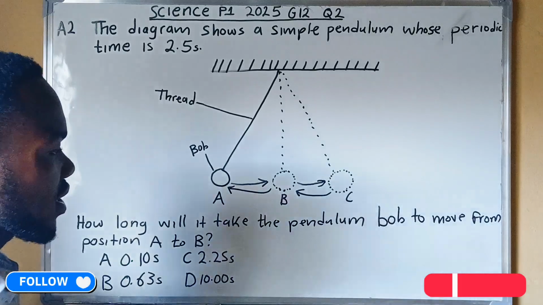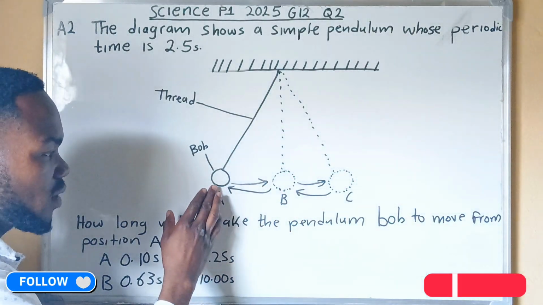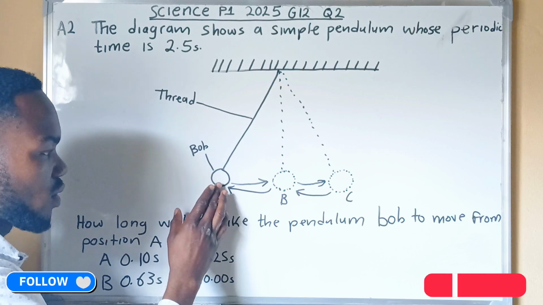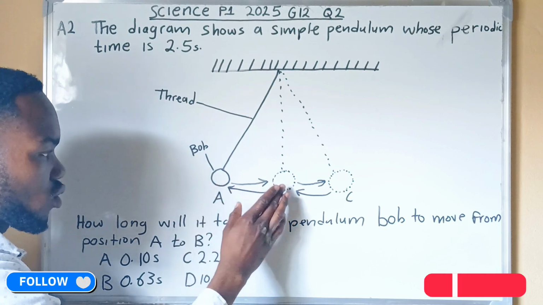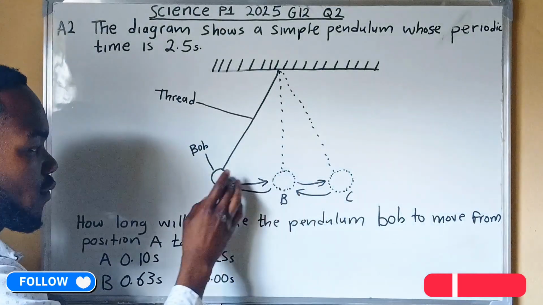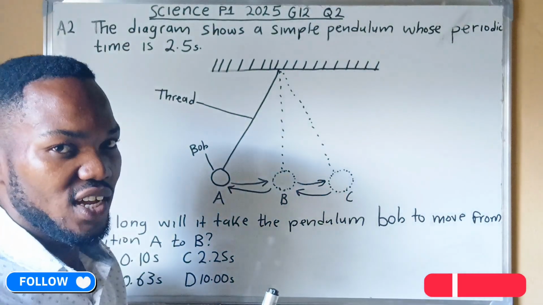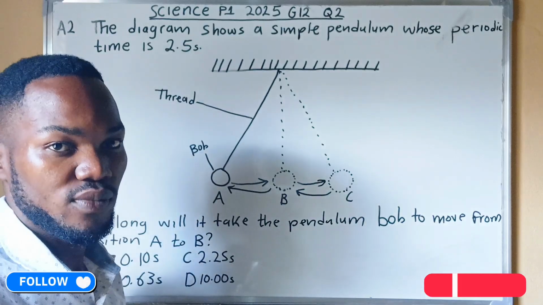So what you need to understand is that this pendulum always moves like this: when it moves from here to here, that's one step, 2 step, 3 step, 4 step. So every movement that you make, we will say over 4.